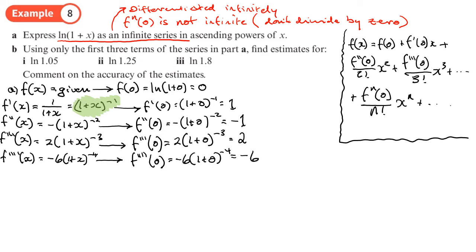Right, so let's plug all of these values into the expansion. So I'm just going to highlight what the derivatives at 0 were, so that we can see that for the next bit.